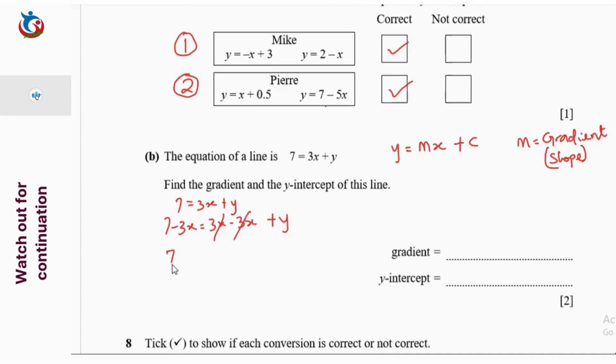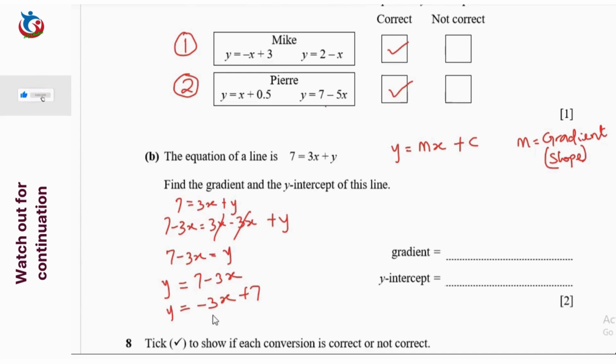We now have 7 minus 3x is equal to y. And this can also be written as y is equal to 7 minus 3x. And if we bring it forward, we can now have y is equal to minus 3x plus 7. Still the same thing, minus 3x plus 7.